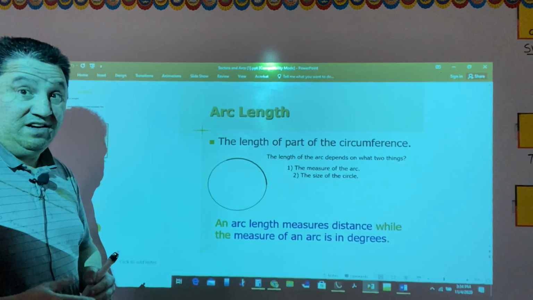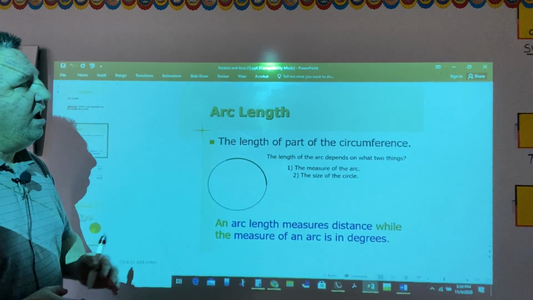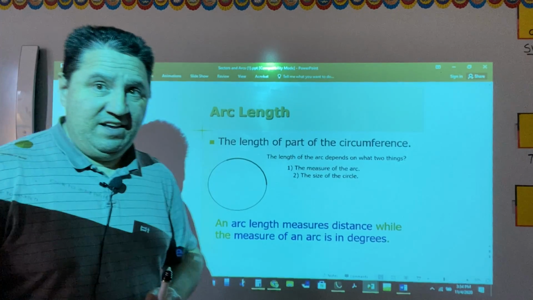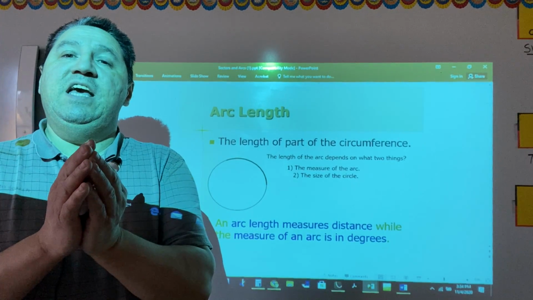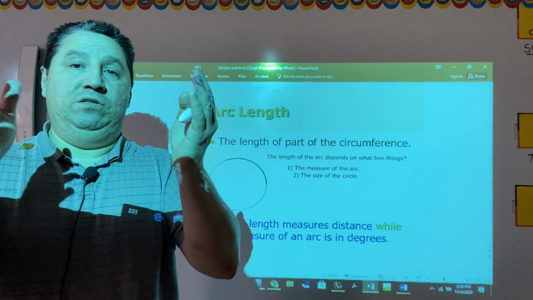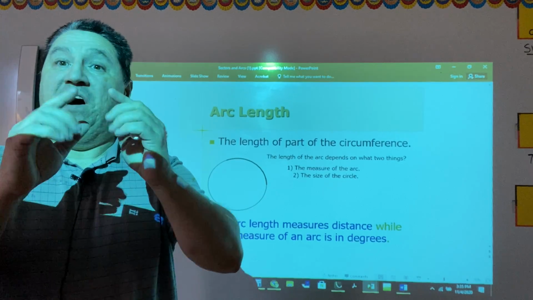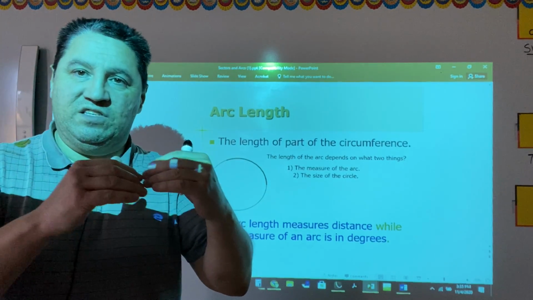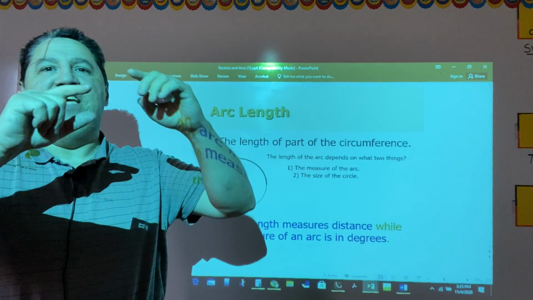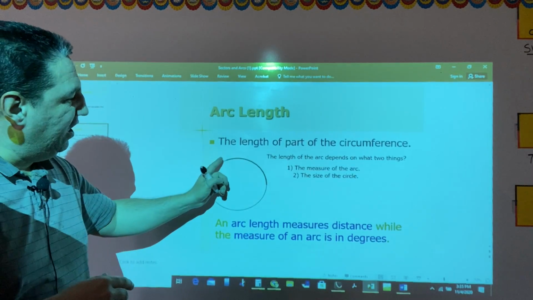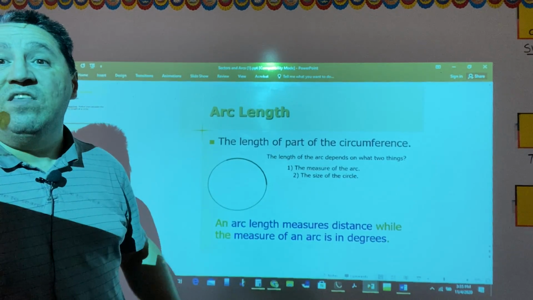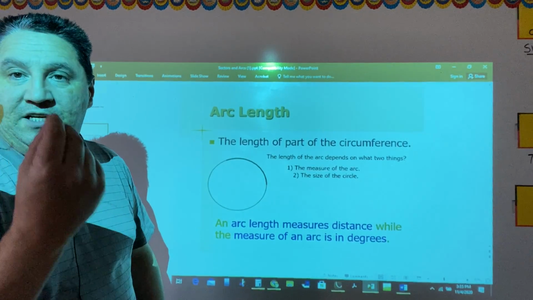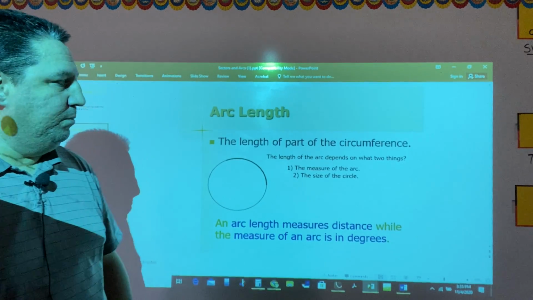about arc. An arc, as we know, is a portion or a part of the circumference of a circle, or is the distance between 2 points on the edge of the circle.